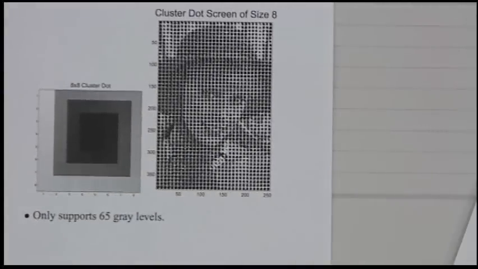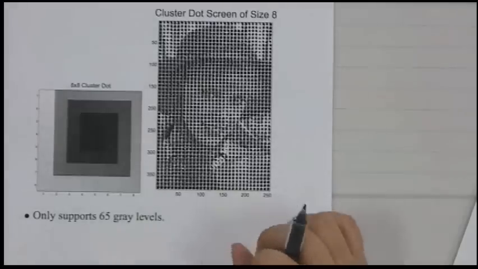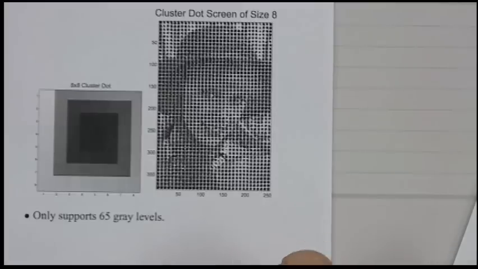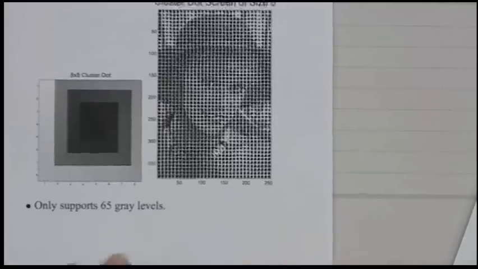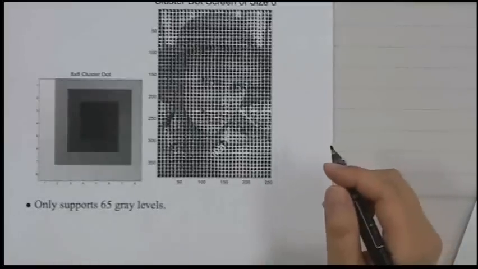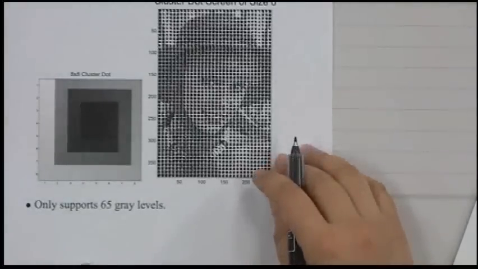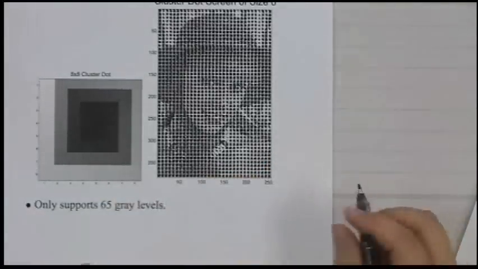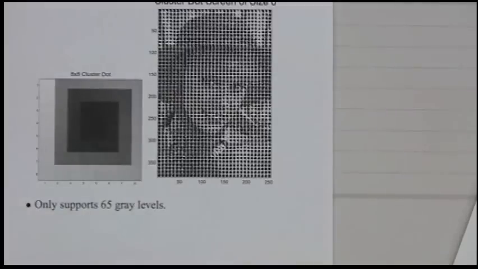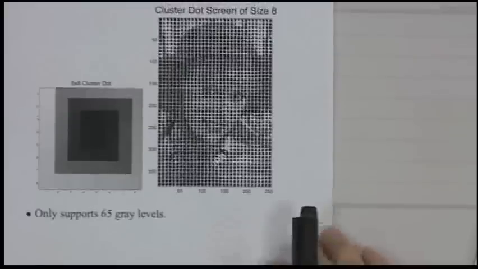In this cluster dot screening, I said we change the dot size for different gray levels. This is also called amplitude modulation halftoning.